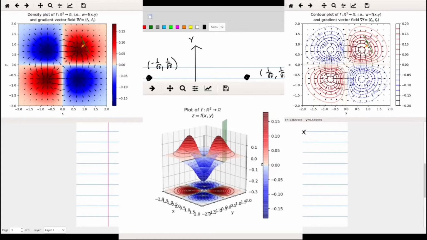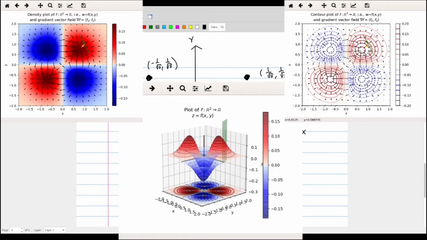The points (negative L, L) and (L, negative L) are local minimums because the gradient vector is pointing away from each of these points. At the saddle point (0, 0), the gradient vector in certain areas is going into the saddle point, but in other areas is moving away from it. So this is a generalization of the first derivative test from Calculus 1.